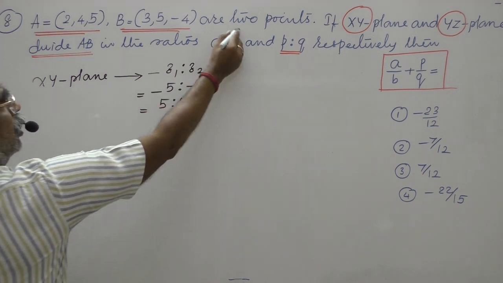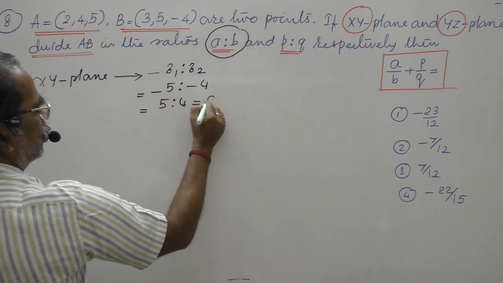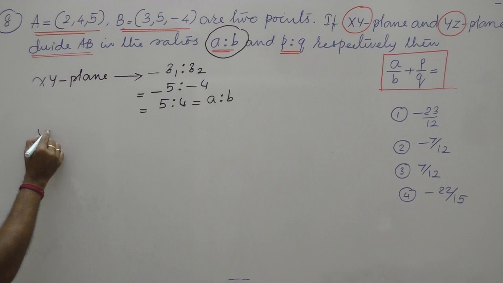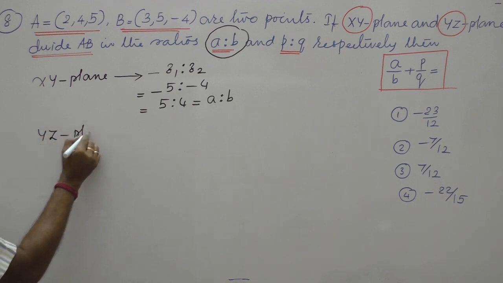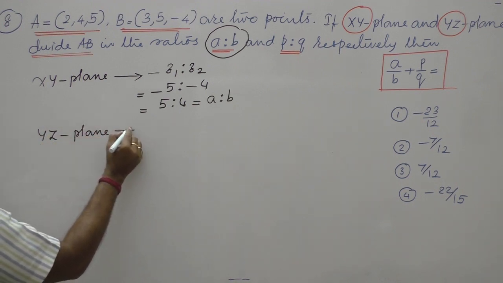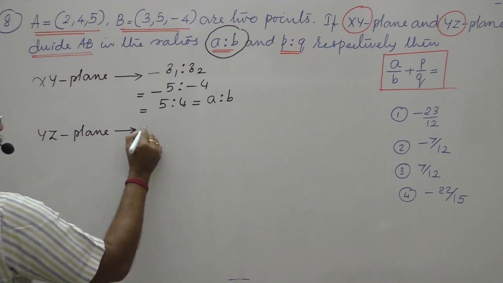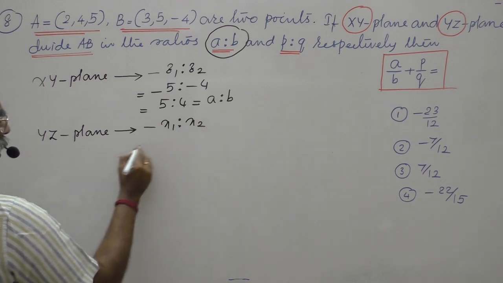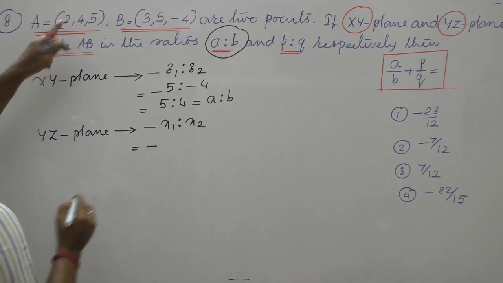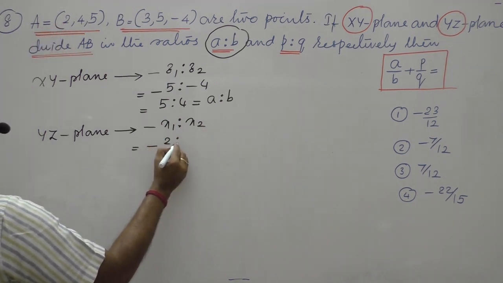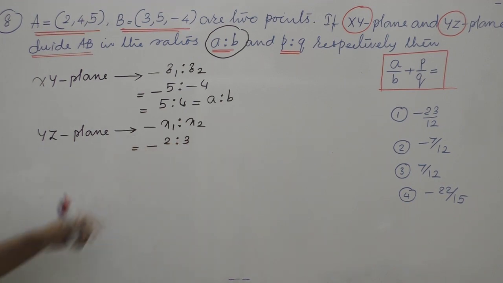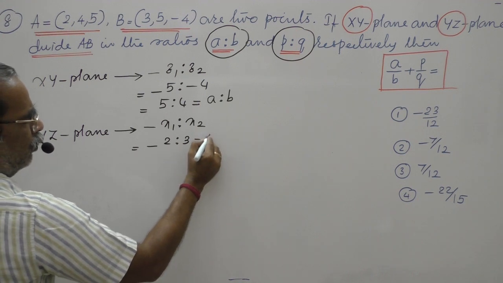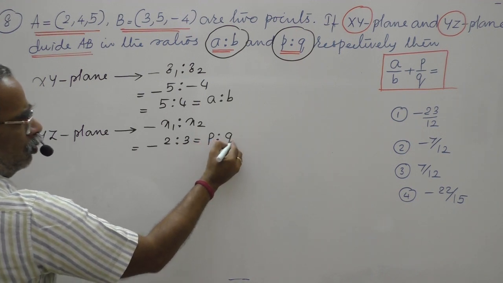In the question, this ratio is given as a is to b. Therefore, this is a is to b. Similarly, the YZ plane divides the line segment in the ratio minus x1 is to x2. Minus of x1 is 2 and x2 is 3. In this question, this ratio is given as p is to q. Therefore, this is p is to q.